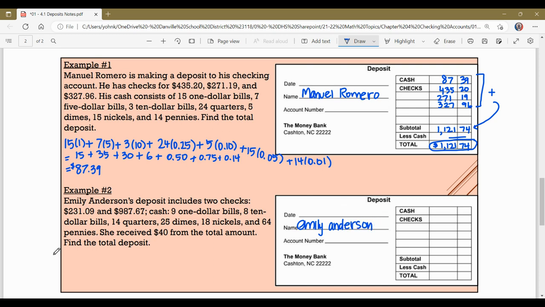Okay, so Emily Anderson. Let's see her cash. She's got 9 $1 bills, 8 $10 bills, 14 quarters, that's 0.25, 25 dimes, that's 0.10, 18 nickels, that's 0.05, and 64 pennies, that's 0.01.